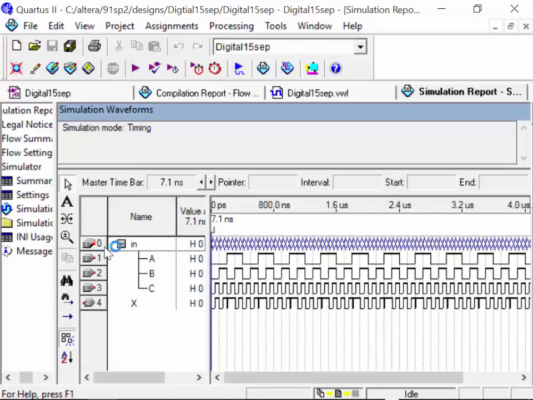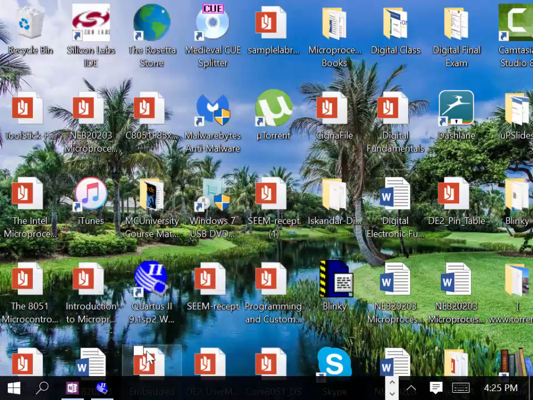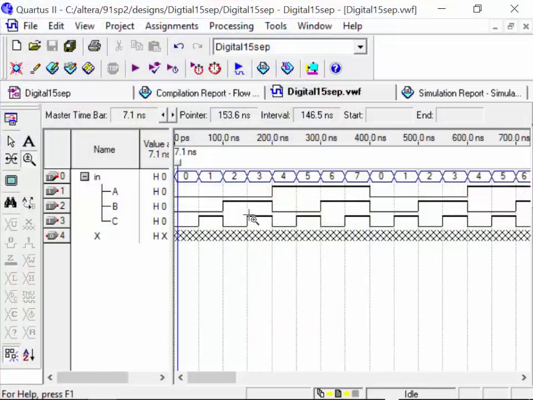And what I see here is kind of an interesting thing. I may have made a mistake here. No, that was 50 nanoseconds. Simulation report.